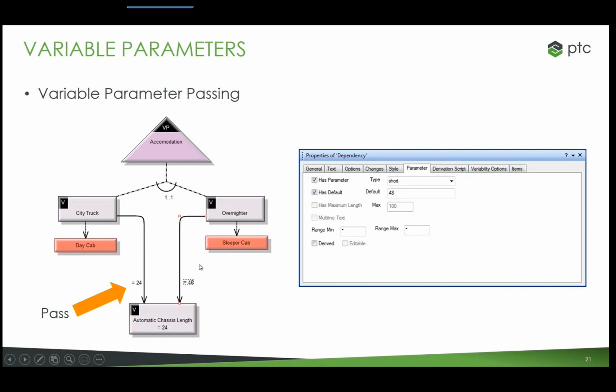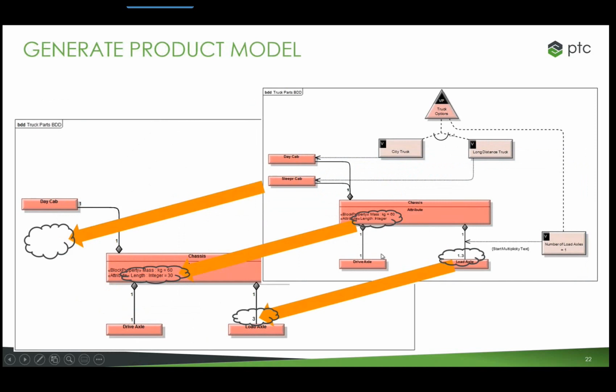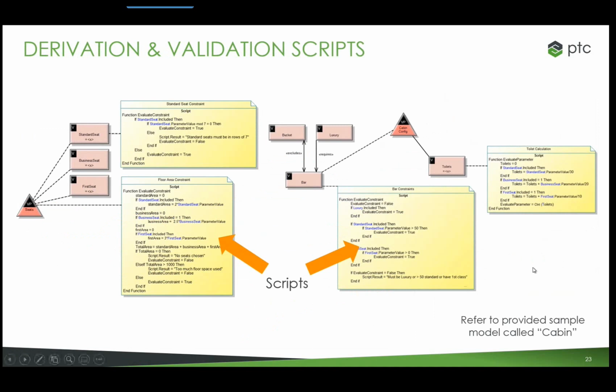We can pass parameters from this variability choice onto the model. And we can then pass them into the design. So here we have an attribute length on the chassis that can be picked up from the choices made by the user. We can also apply some validation scripts for additional logic on top of the model.